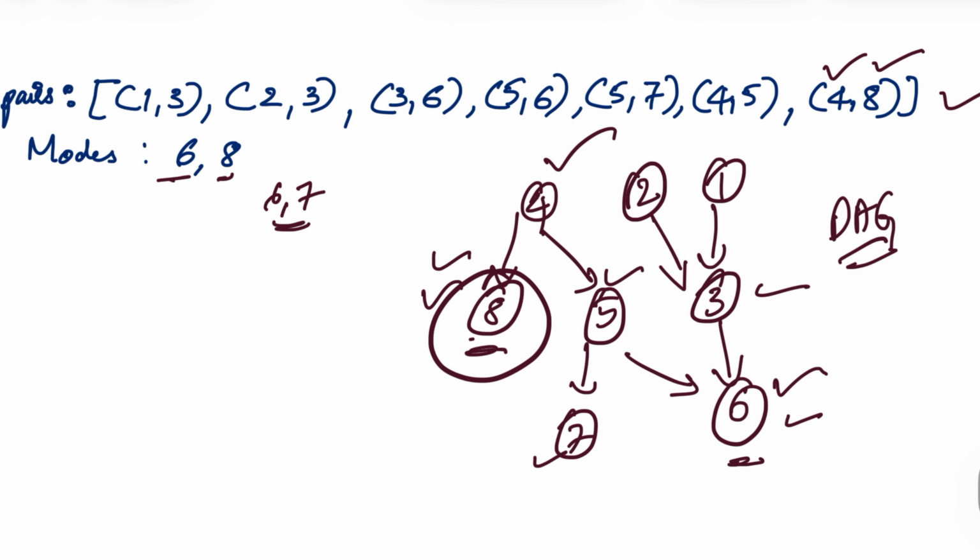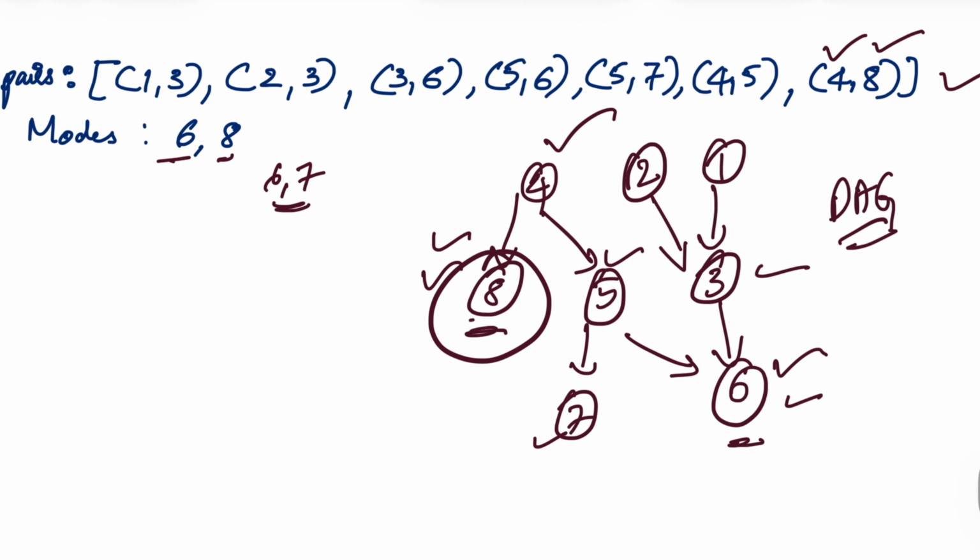Okay. Now try to think naively and see how can we solve this problem. I'll give you 10 seconds. Okay. So one naive way to solve this problem is from every node, try to traverse the whole graph and see if you encounter both 6 and 8.